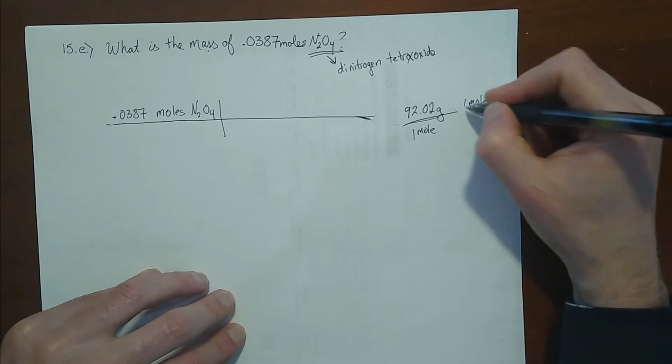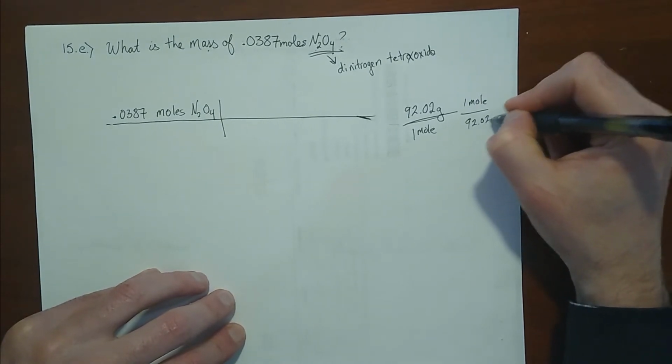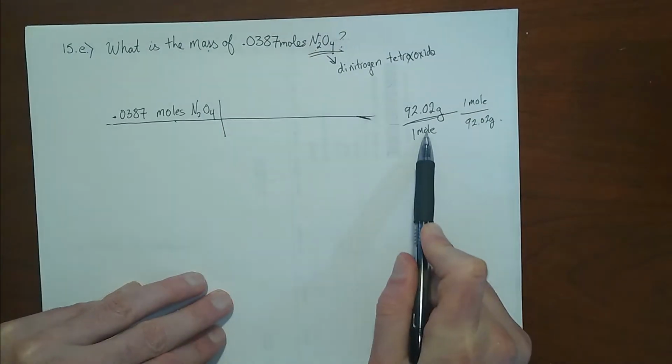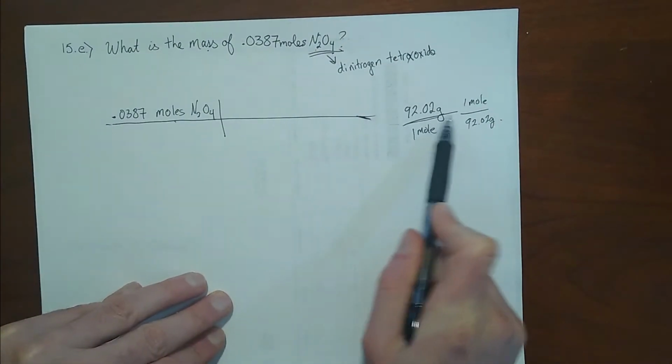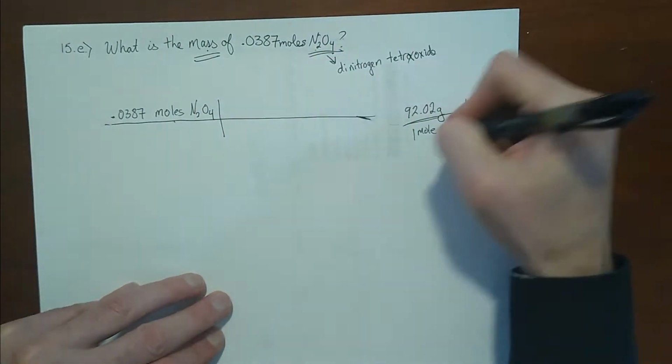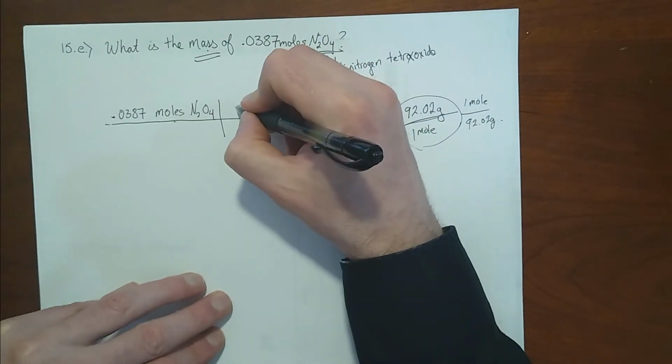I could write that either way here. In this case, though, I'm starting with moles, so I want the one that has moles on the bottom so that they will cancel, and I'll be left with what I'm looking for, which is mass. So I want this version of the conversion factor.